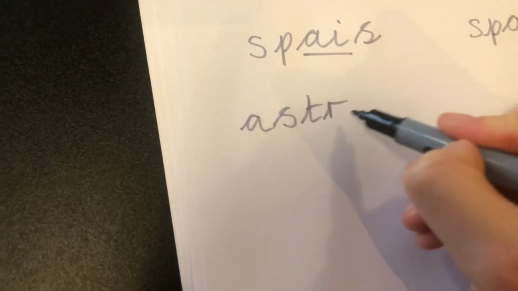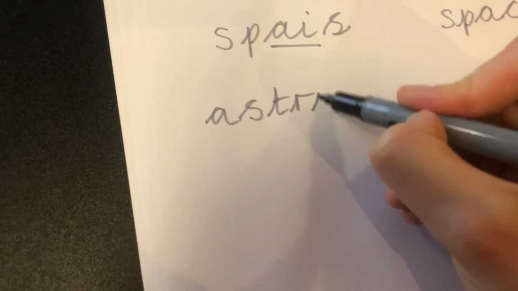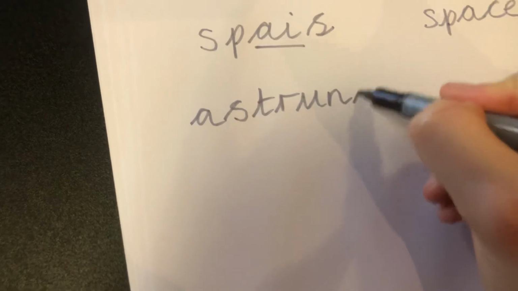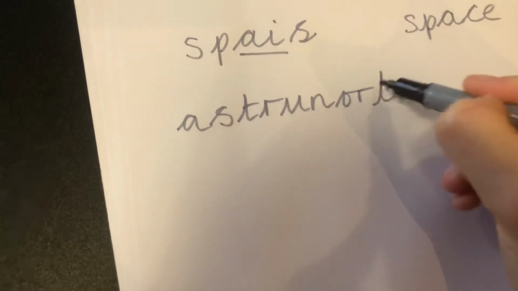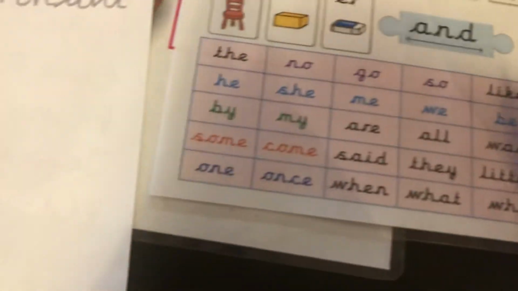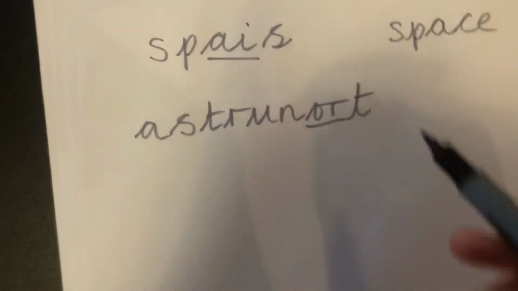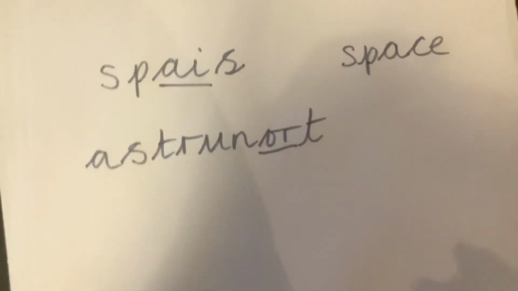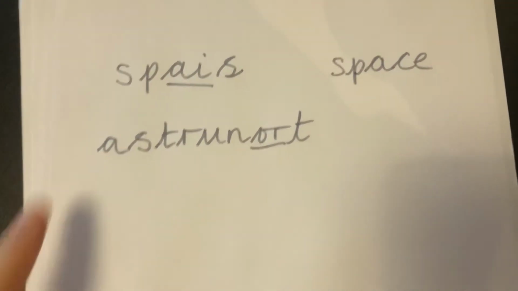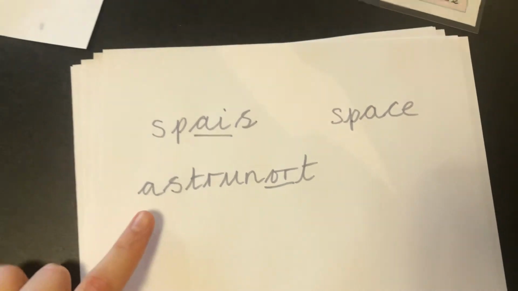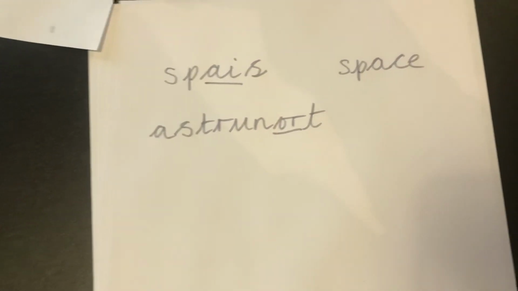So if I was being a year 1 child, oh, there's a blend. Astra, or, because they've heard the or sound here. Astronaut. You might then next to it say, oh, actually you spell astronaut like this, but it's good that they've listened to the sounds. With tricky words, they have to just know how they are spelt.